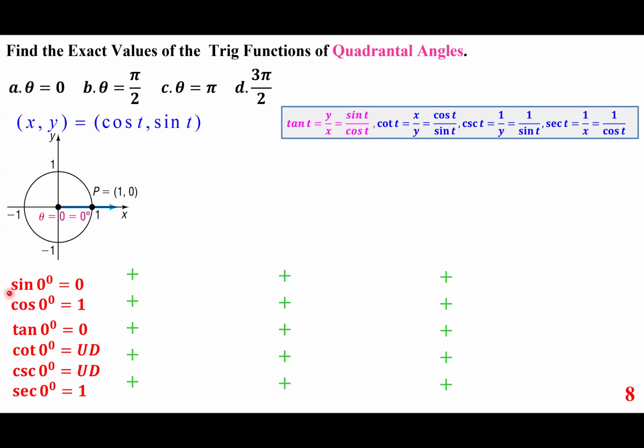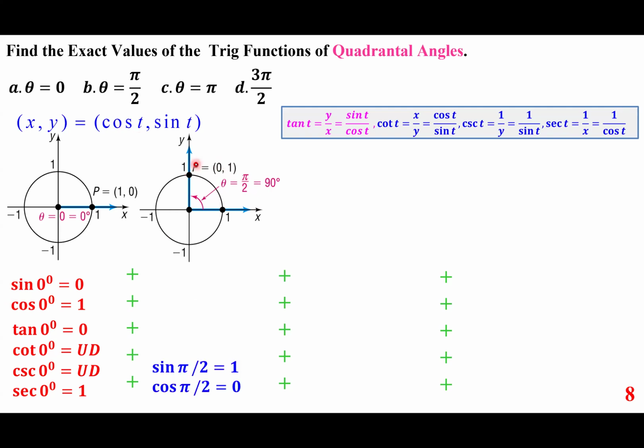Let's look at the next one, pi over 2, also 90 degrees. As you know, clearly this point has coordinates 0, 1. So cosine must be 0, sine must be 1. So we say sine of pi over 2 is 1, cosine of pi over 2 must be 0.